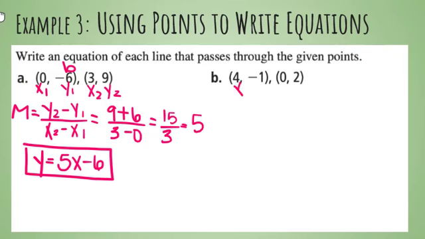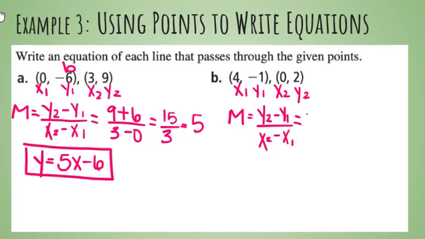Okay, over here again, I'm going to label my x1, my y1, my x2, and my y2. Again, calculating my slope using that slope formula, y2 minus y1 over x2 minus x1. Got to plug in everything. So we have 2 minus -1. So that's going to become 2 plus 1 over 0 minus 4.